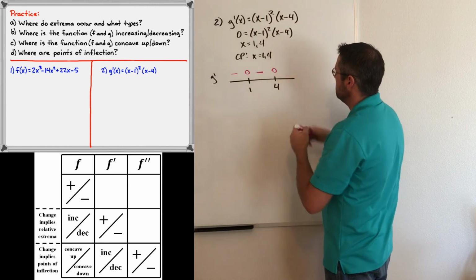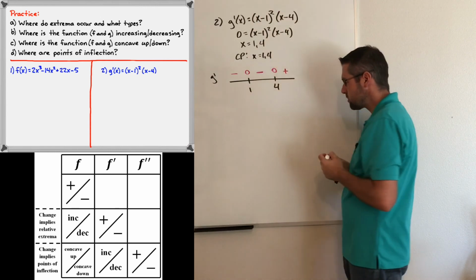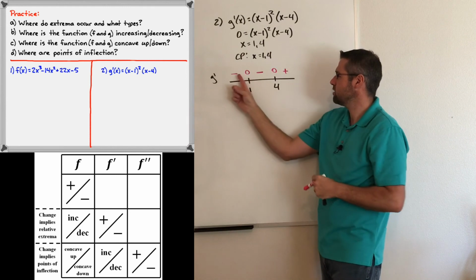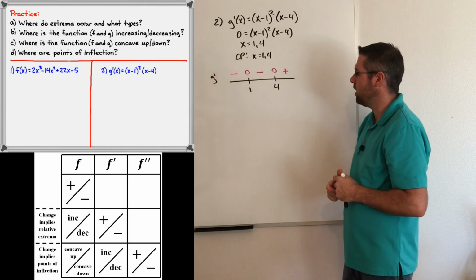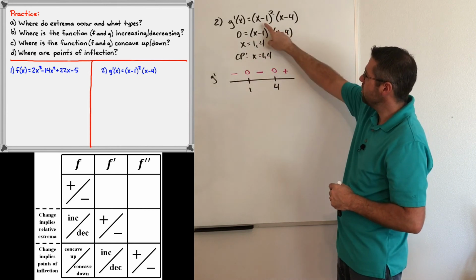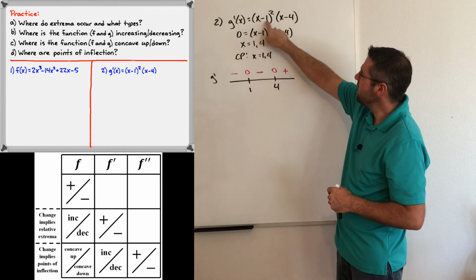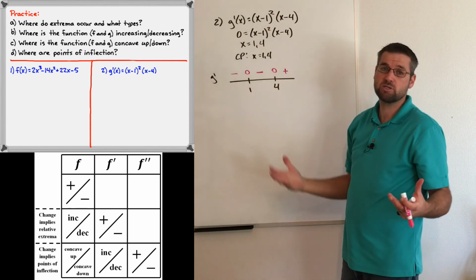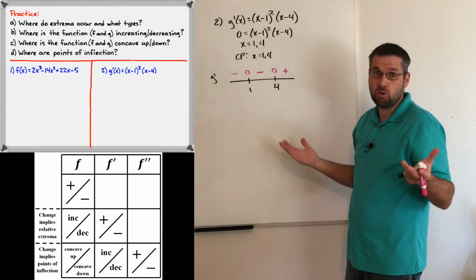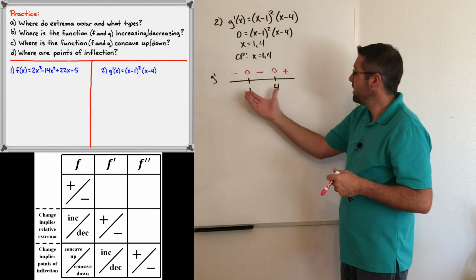So positive is positive. You might be asking, why did g prime not change signs at 1? Well, the reason is that critical point of 1 came from the part of the function where we were squaring. And when we square something, it's always positive, okay? So we didn't have a sign change here.